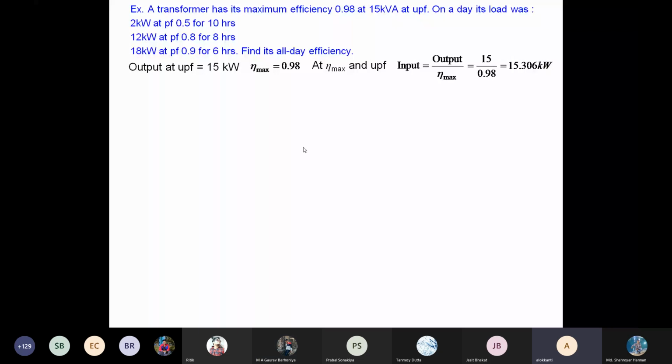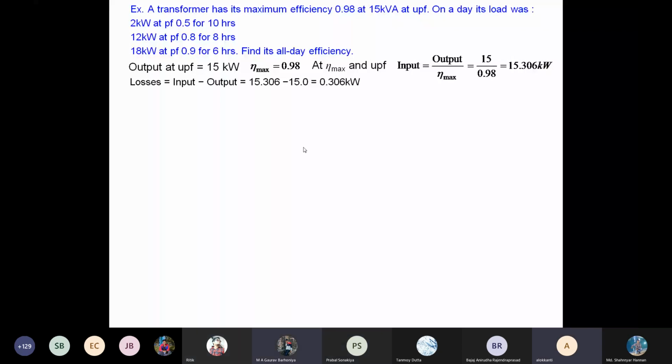This is the input, and you already know the output. So what is the meaning of input minus output? Losses. But what are these losses? Core loss and copper loss. And this is the maximum efficiency condition, so what is the relation? Both are equal.